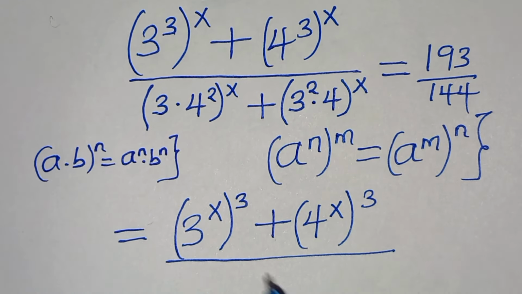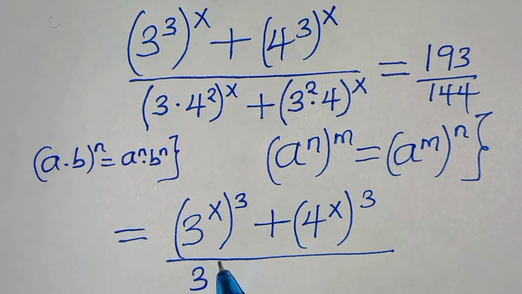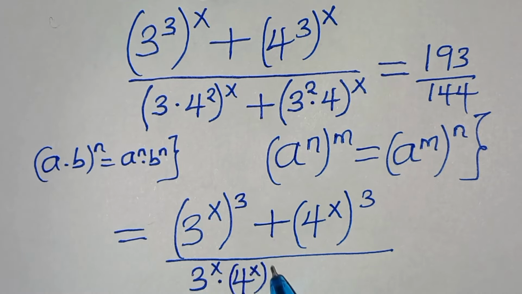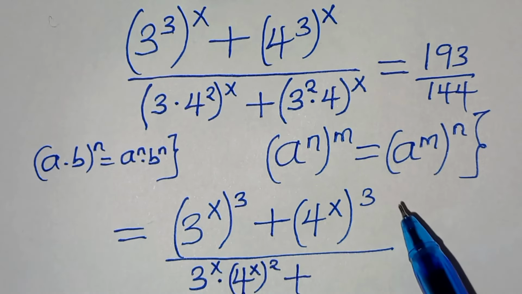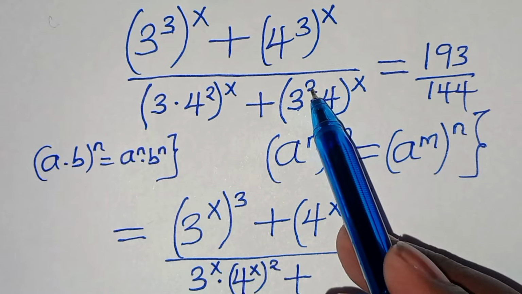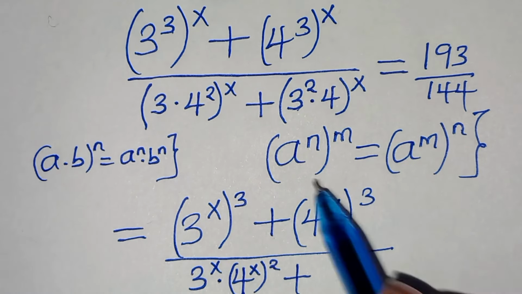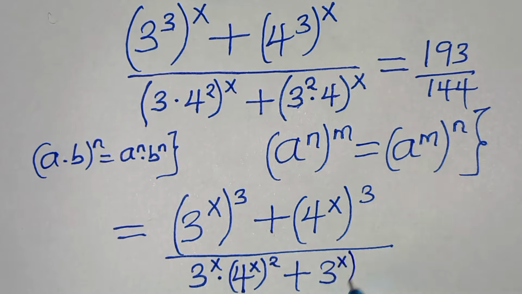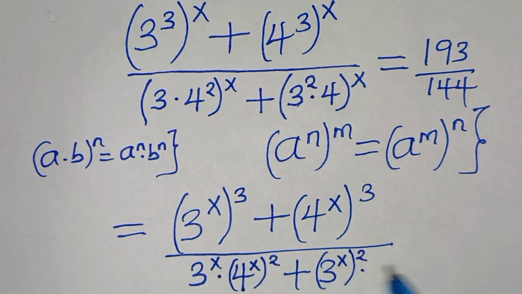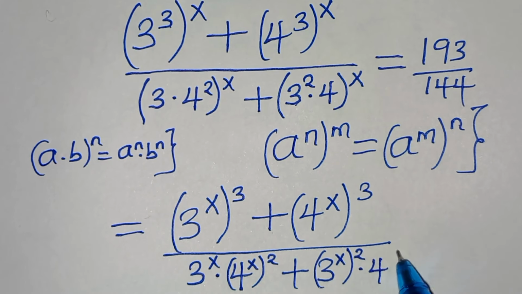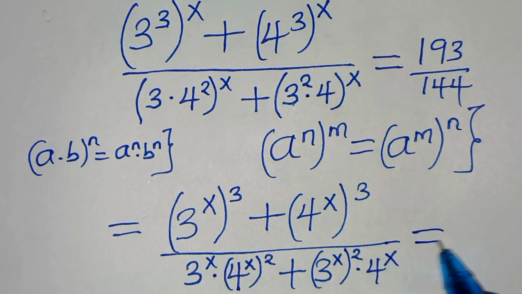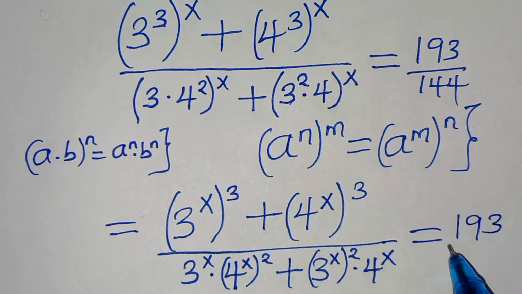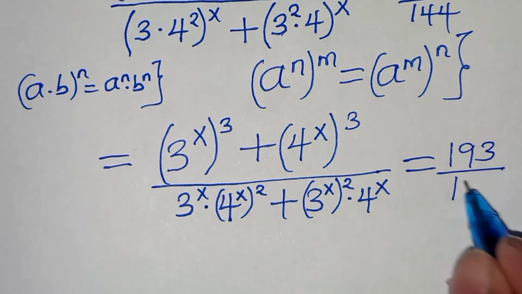Applying this property, we have 3 to the power of x times, this is 4 to the power of x raised to the power of 2, then plus, now here we have 3 to the power of 2 raised to the power of x, which by applying this property we'll have 3 to the power of x raised to the power of 2, then multiplied by 4 to the power of x. This is equal to 193 divided by 144.